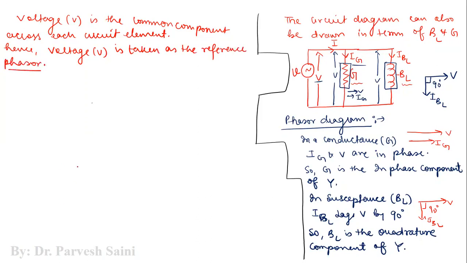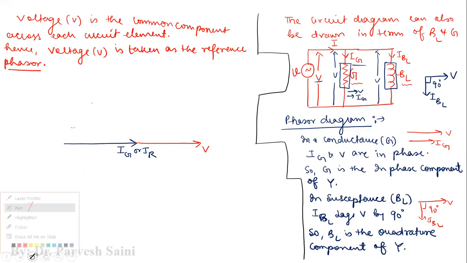Now let us draw the current first of all. This is IG or IR, one and the same thing, right? So then we have the voltage phasor. This is V. Now IG or IR are in phase with V, and then we have the IBL or IL component.